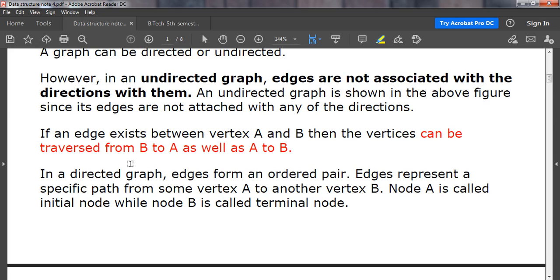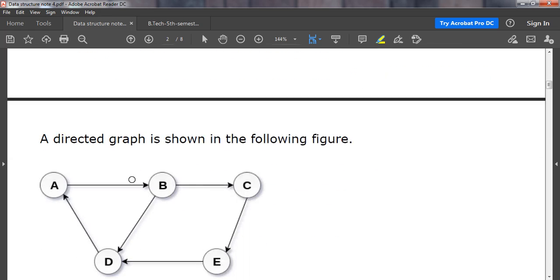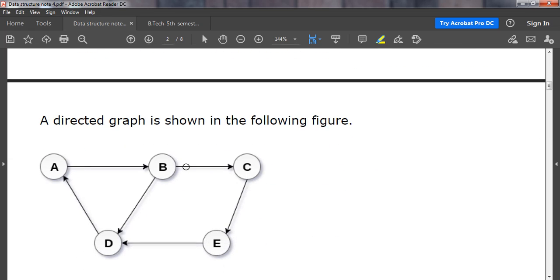But in a directed graph, the edges are ordered and a specific path is given to you. Over here, since I have a direction, I can only move from A to B, but from B to A is not possible. Only A to B is possible. Again, B to C is possible.